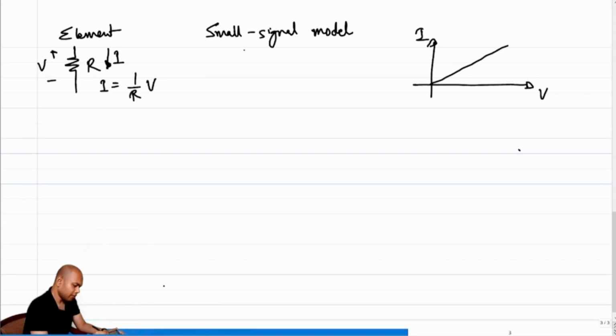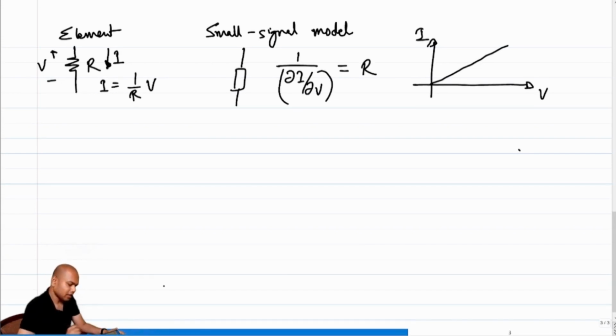Whatever this element might be, it is equal to 1 over del I del V, which is nothing but R, correct? So the small signal equivalent of a resistor is the resistor itself, and it makes sense because my resistor is a perfectly linear element.